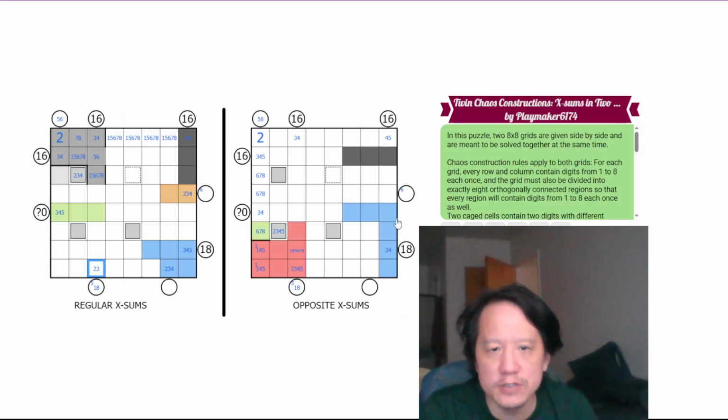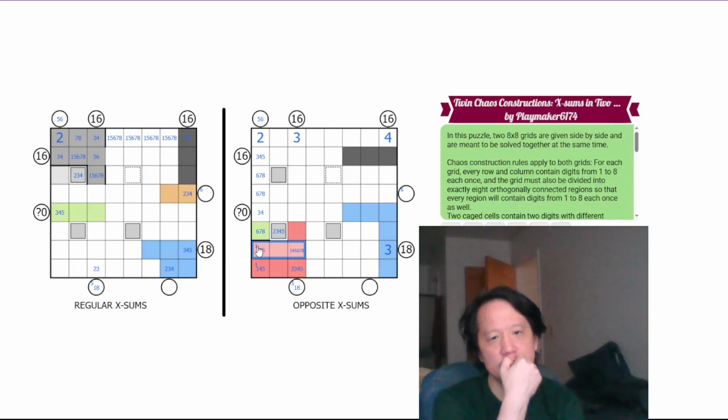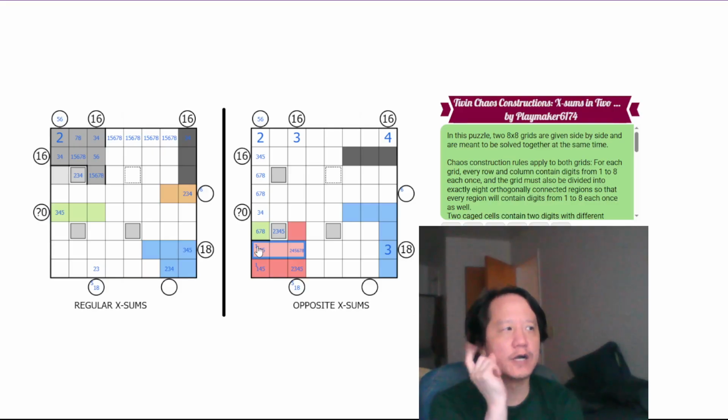So if we have 4 here, that makes this 3 and 3. So this is guaranteed to be 3 adding up to 16. Guaranteed 3 adding up to 18. I guess that's possible. 18 then would have to be... cannot contain a 3.